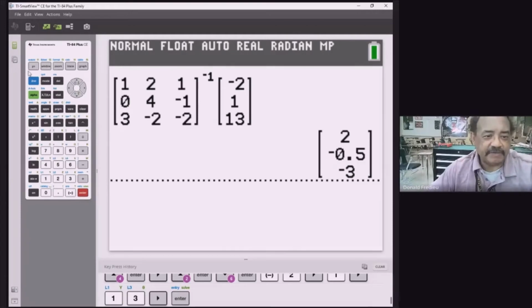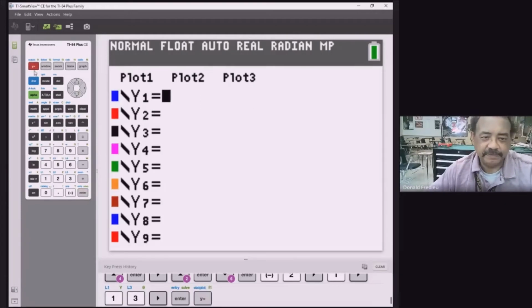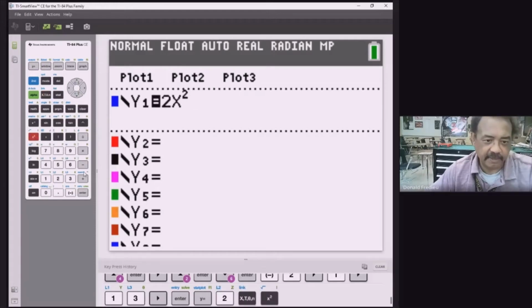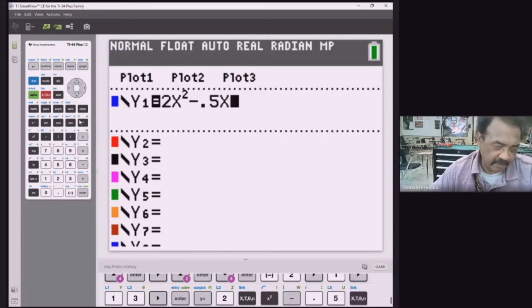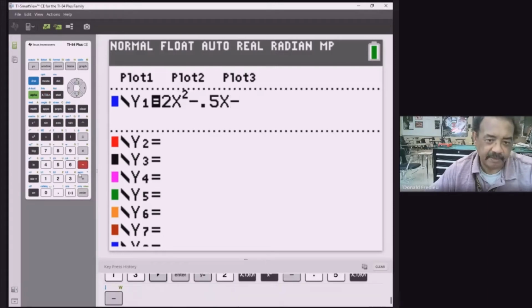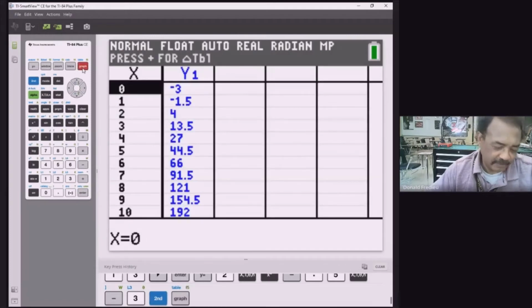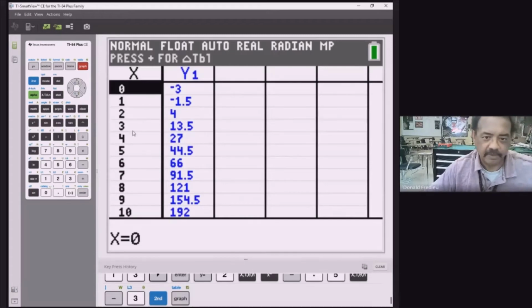Now let's check ourselves. Let's go to y equals, and we'll put in 2x squared minus 0.5x minus 3. And if we look at the table, we should get, okay, what did I do?